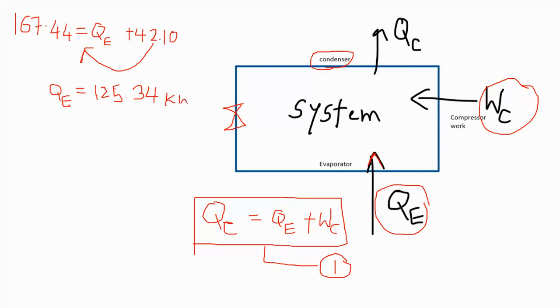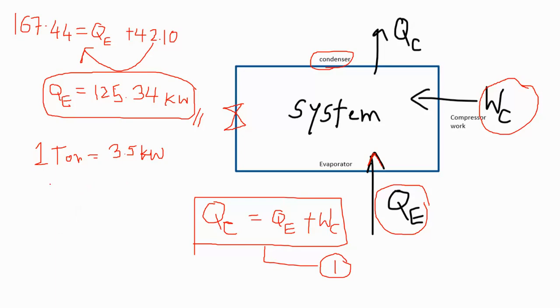So this much heat has been extracted from the evaporator, and this much energy we have to remove as per the definition of 1 ton of refrigeration, but this is in kilowatt. So we know the conversion formula for kilowatt to ton: 1 ton is equal to 3.5 kilowatt.